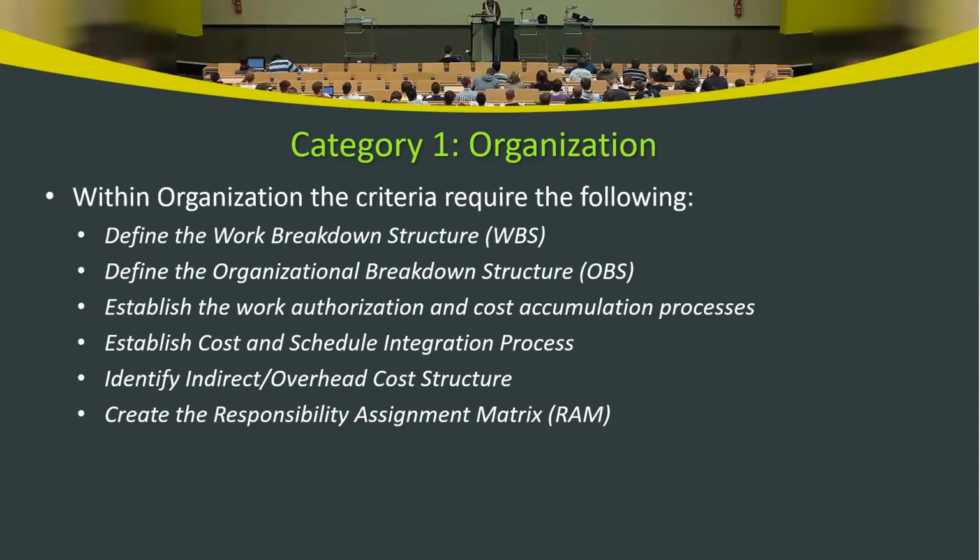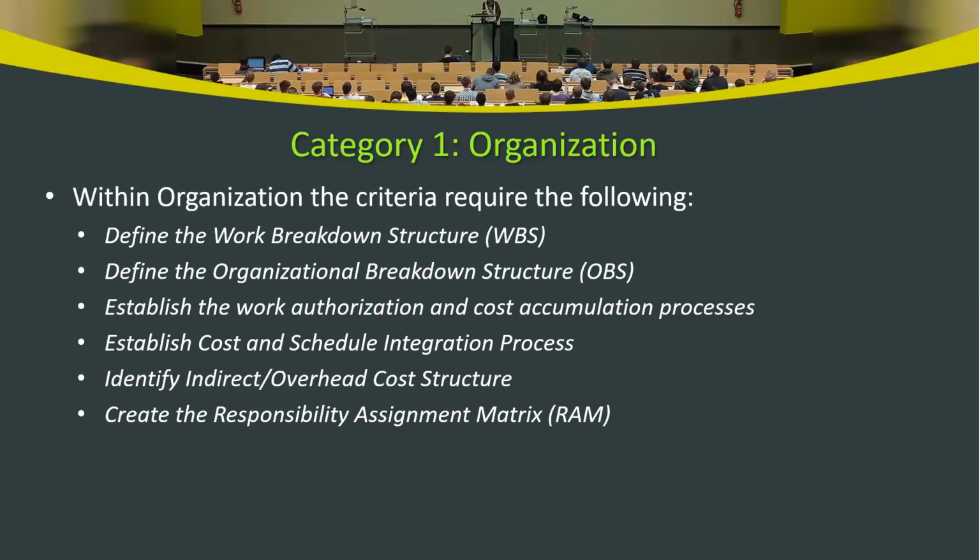Next one is identify indirect or overhead cost structure. What is it? This entails recognizing the indirect costs associated with the project, such as overhead expenses. These costs are not directly tied to specific project tasks, but are necessary for overall project execution.